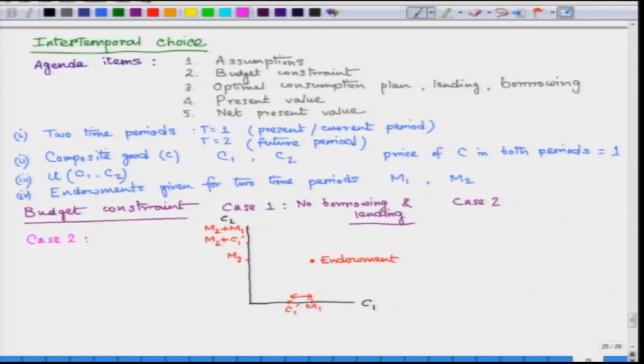Now, let us discuss case number 2, where we allow our consumer to borrow and lend. Let us also assume that the consumer needs to save in period 1, so that he or she can consume more in the future period, or period 2. Let us see how the budget constraint is going to be written in this case. We are going to assume that our consumer is a saver in period 1.